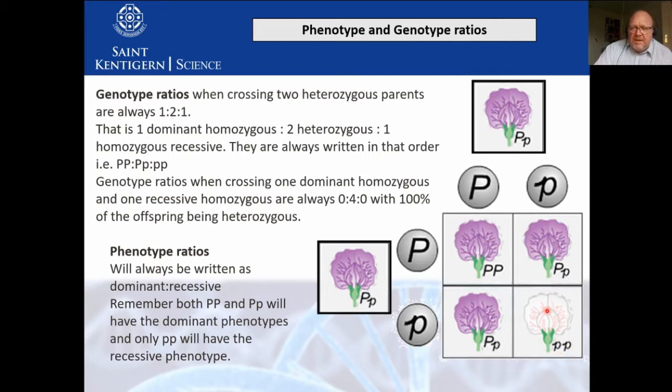So if you know this, then you can always say, okay, that organism has the recessive phenotype, the physical feature is recessive. So consequently, we know that its genotype is going to be homozygous recessive. In other words, little p, little p.